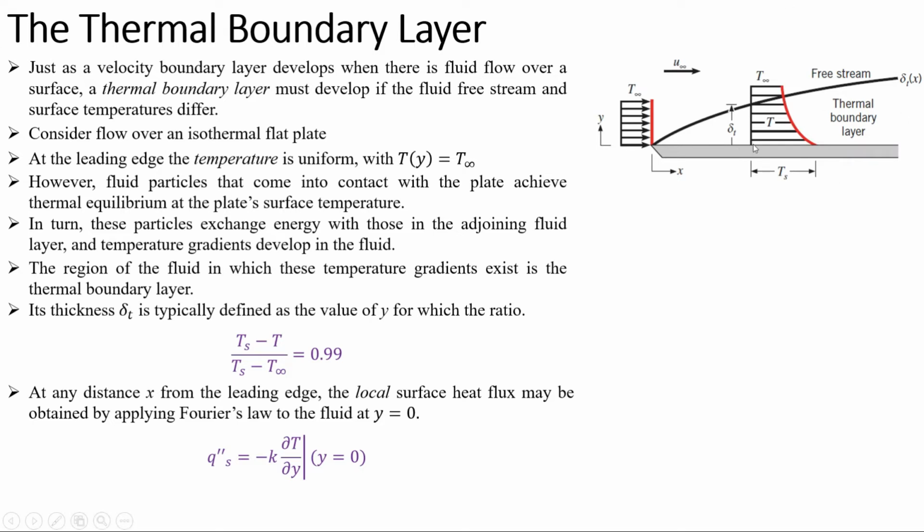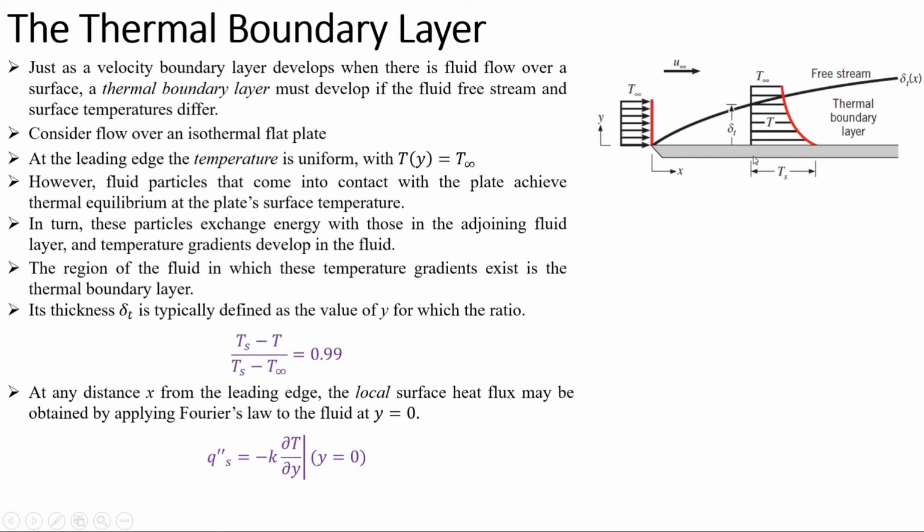So at y equals 0, heat transfer is purely due to conduction, and we can apply Fourier's law of heat transfer in order to determine the local surface heat flux, which will be equal to q double dash s is equal to minus k dou T over dou y at y equals 0.